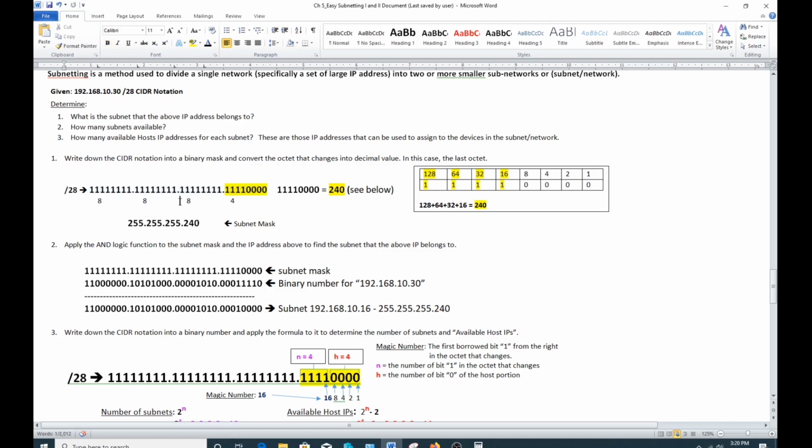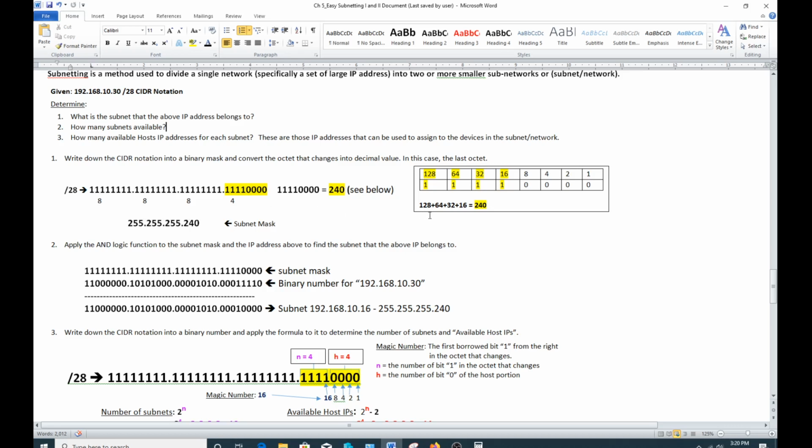Notice that the first octet has 8 bits, the second octet has 8 bits, making 16, the third octet makes 24, and we simply add 4 more to it, making 28, and then fill the rest with 0. So when we convert this from binary to decimal, we get 240. Hopefully by now you know that 8 bits of 1 is equal to 255. So that is our subnet mask right here.